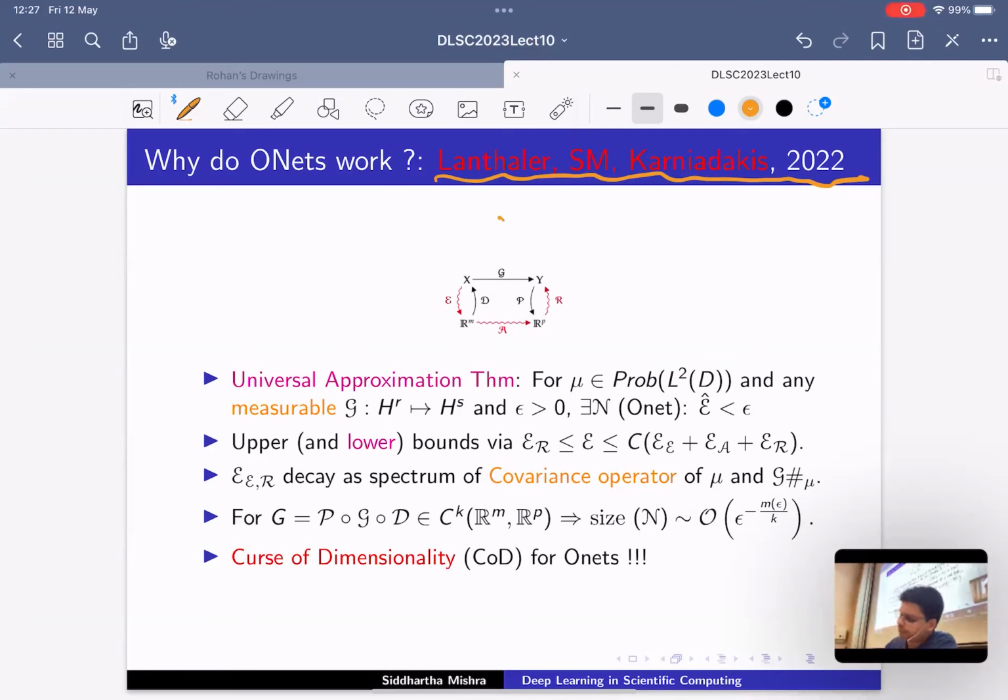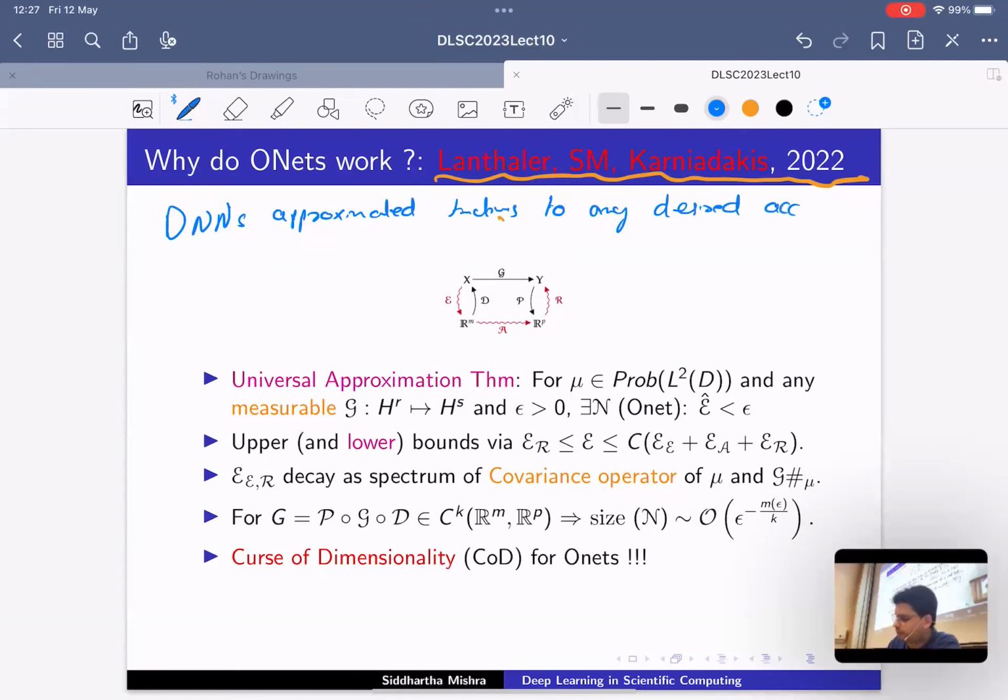So let's do a little bit of a recall. Remember, why did we think that, for instance, for PINNs, even shallow neural networks are good enough? Because neural networks approximate functions to any desired accuracy.